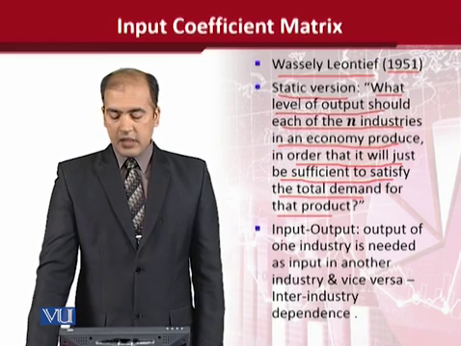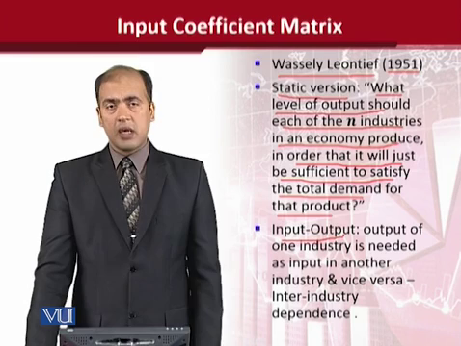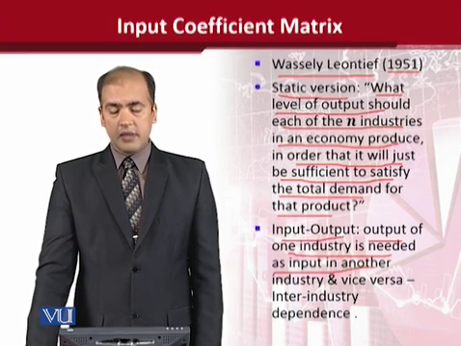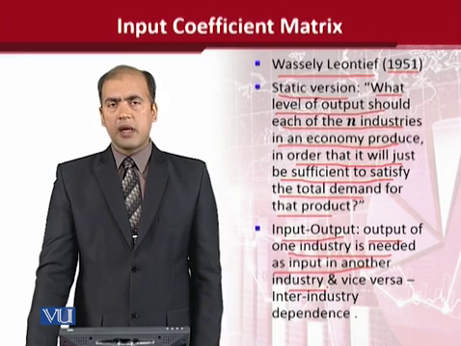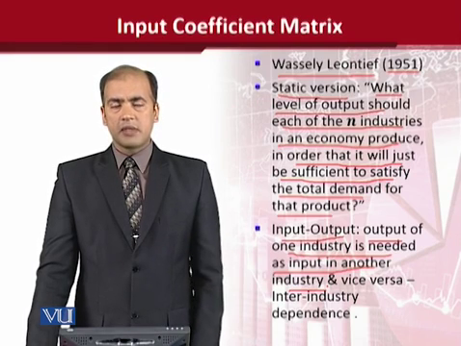Now this is input-output analysis because it deals with the inputs and outputs. An output of one industry is needed as the input in another industry. So this will happen because there are backward and forward linkages in industries, because the input of one industry can serve as the output of another and vice versa.